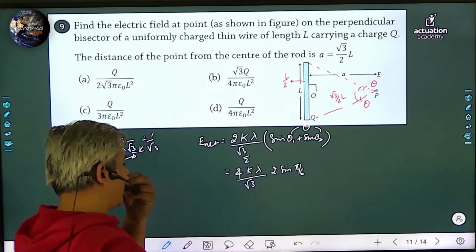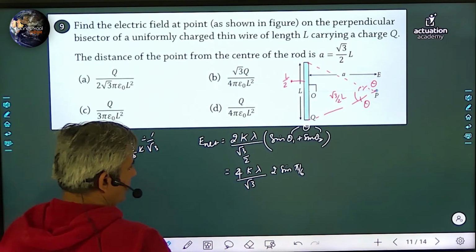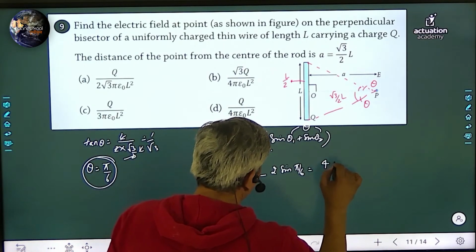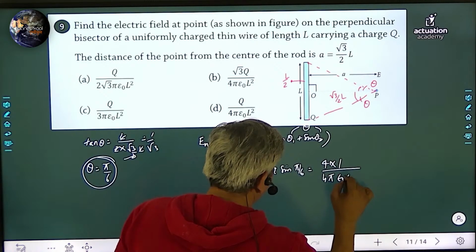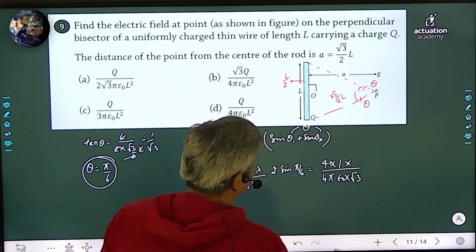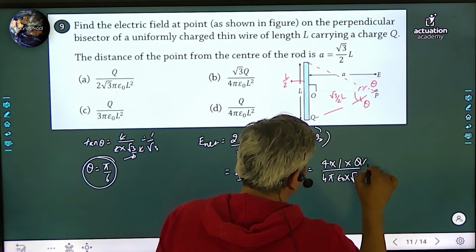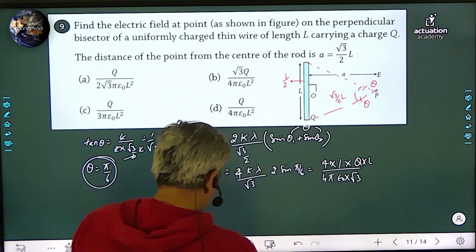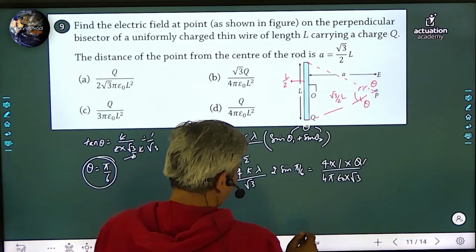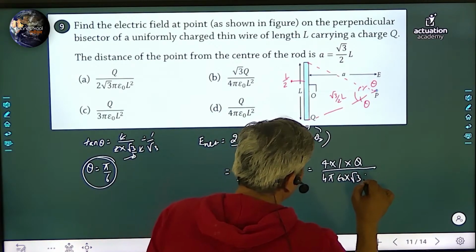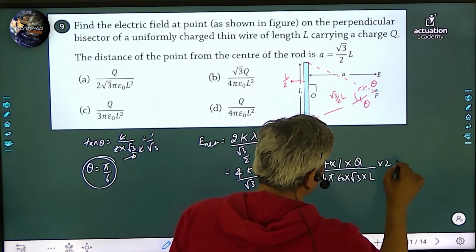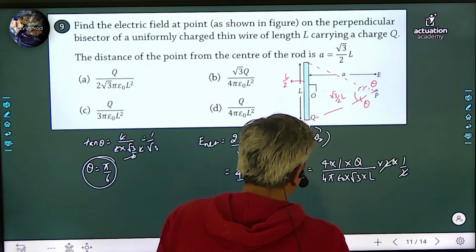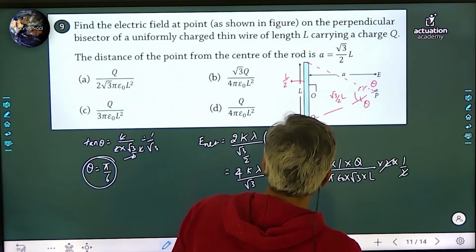Okay, sine pi by 6 is 1 by 2, so this will become 4 into 1 by 4 pi epsilon naught into root 3 into q into L, sorry, q by L, because we have to write down the value of lambda, q by L, into 2 into 1. The 4 will cancel out.